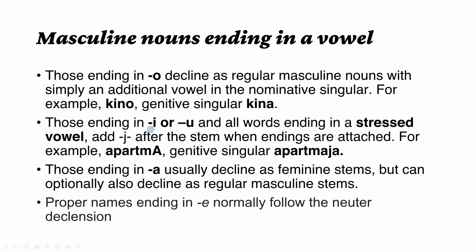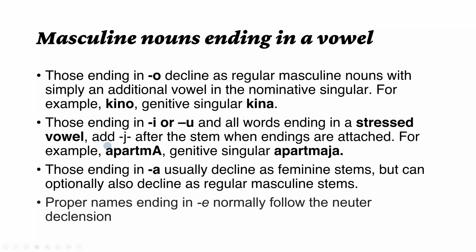Those ending in I or U, and all words ending in a stressed vowel. A stressed vowel is when we emphasize the last vowel, in this case. So the last letter is a vowel and we emphasize on it. Okay?